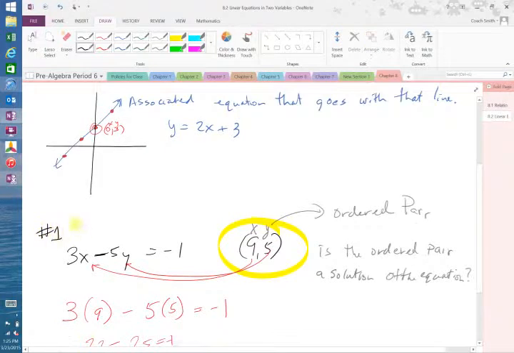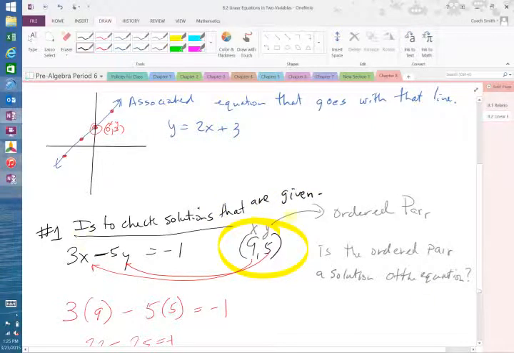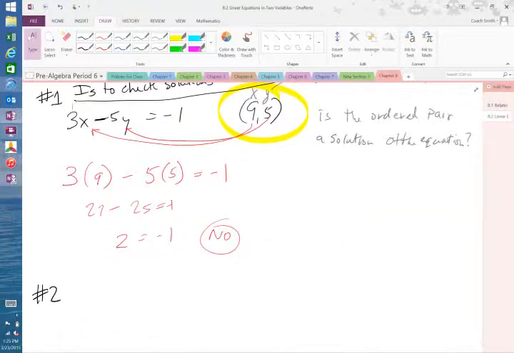Number 1 was to check solutions that are given. That's number 1. Number 2 is graph the equation.